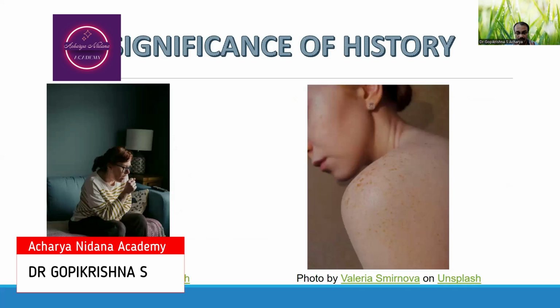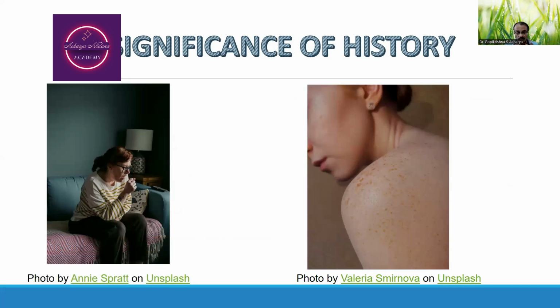Let me give you one example. So here two images are there. The first image is showing a person who is having the presenting complaint of cough. In the sense, based on the significance, we are solely concentrating upon two major clinical conditions: one, respiratory disease, and the other, cardiac disease.